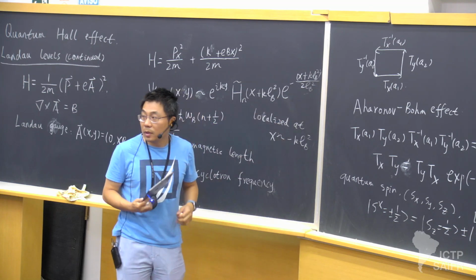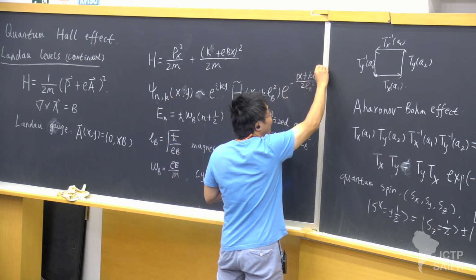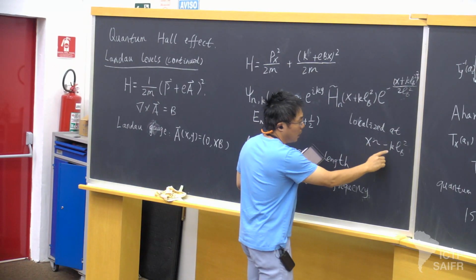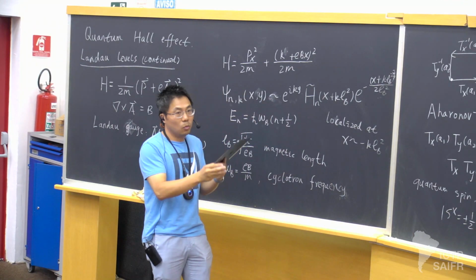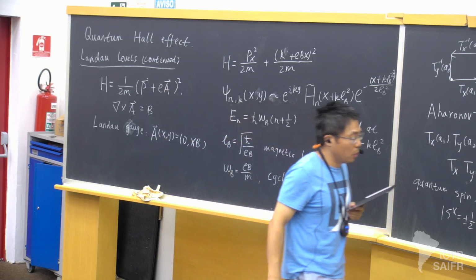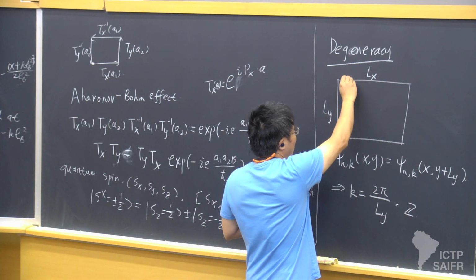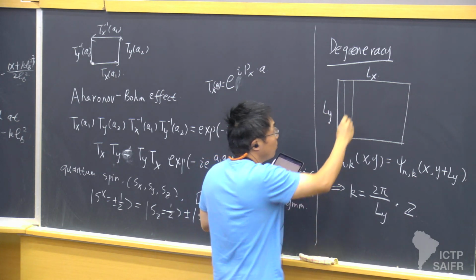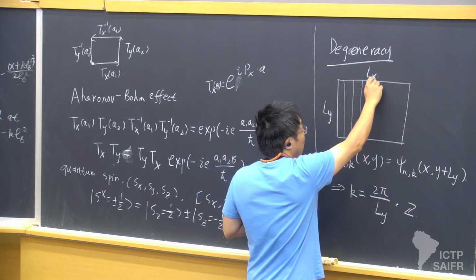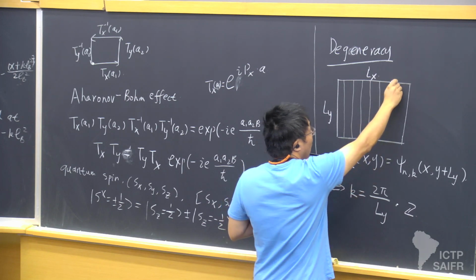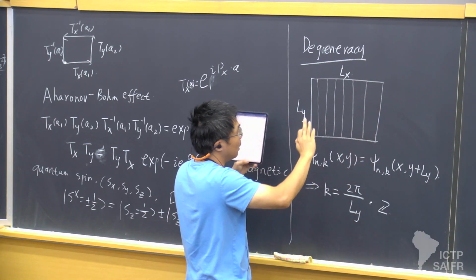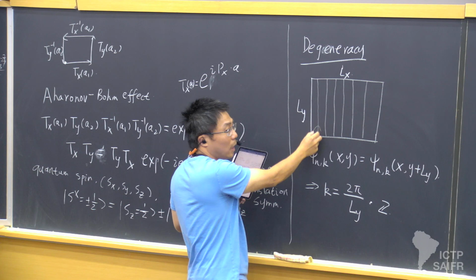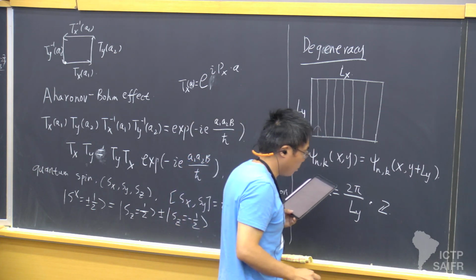So those wave functions will be extended in the y direction, but localized in the x direction. Of course, it has some structure along x, but it will be mainly localized as some stripe.